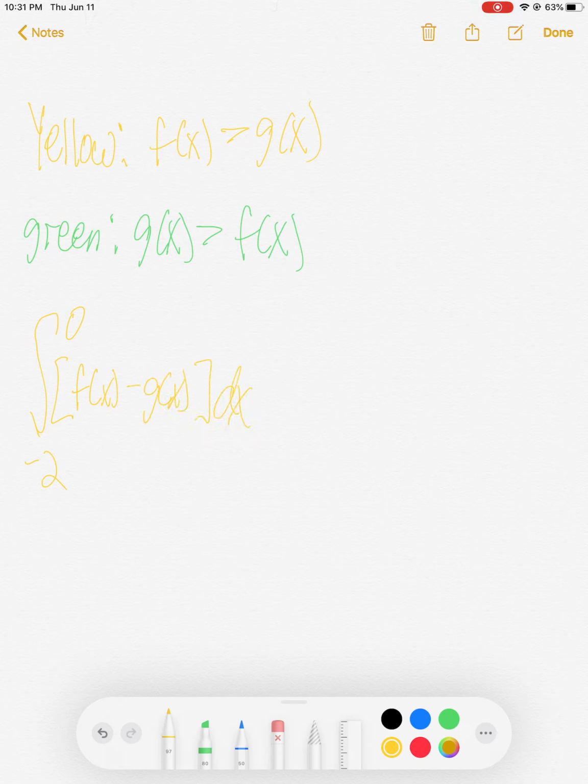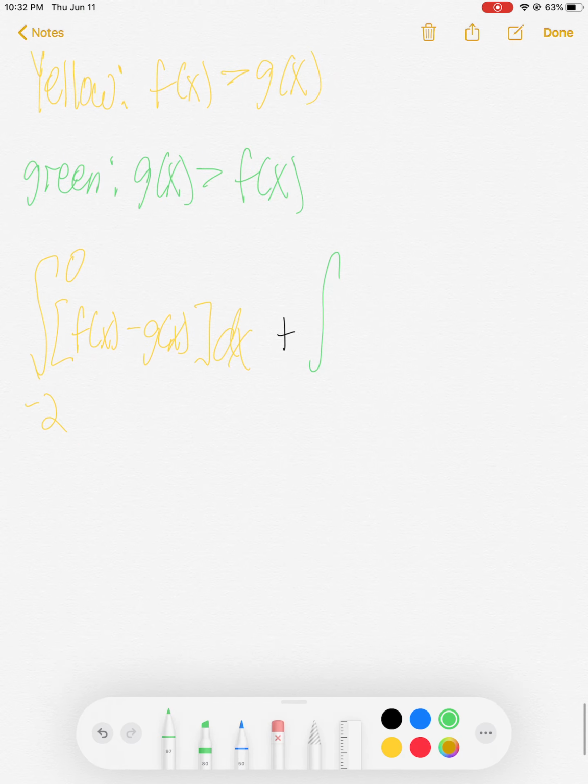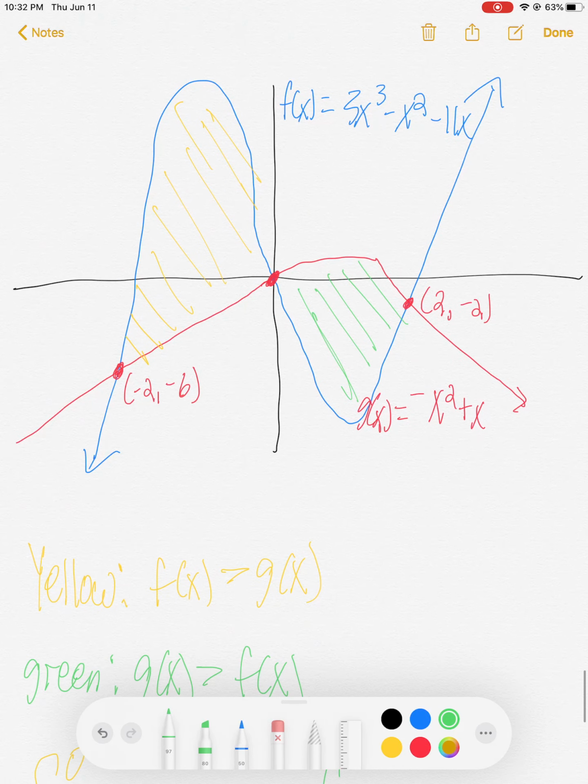This is what you'll most commonly see. What we did in the previous problem is less common. The other bound is going to be 0, the origin. Since f of x is greater than g of x over this interval, it's going to look like the integral of f of x minus g of x dx.